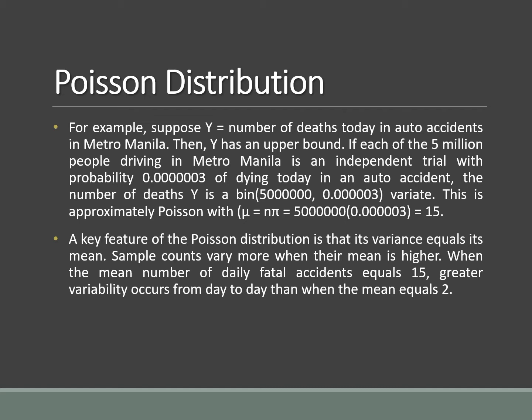That is also the reason why, if we have a quite high mean for the Poisson distribution, it would have a variance large enough to approximate a normal distribution. So here, when the mean number of daily fatal accidents equals 15, greater variability occurs from day to day than when the mean equals 2, as I've already said.